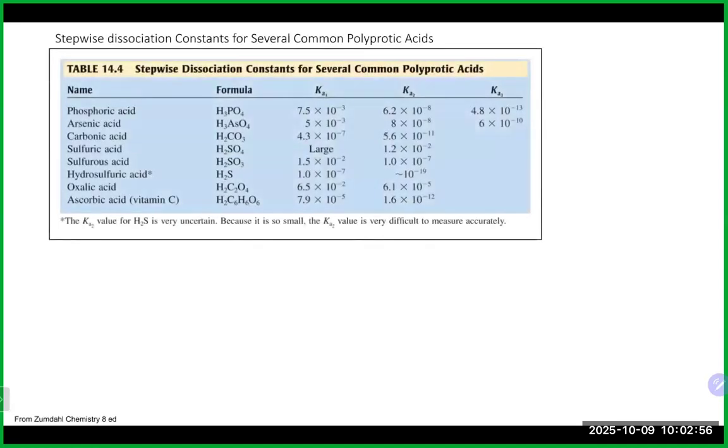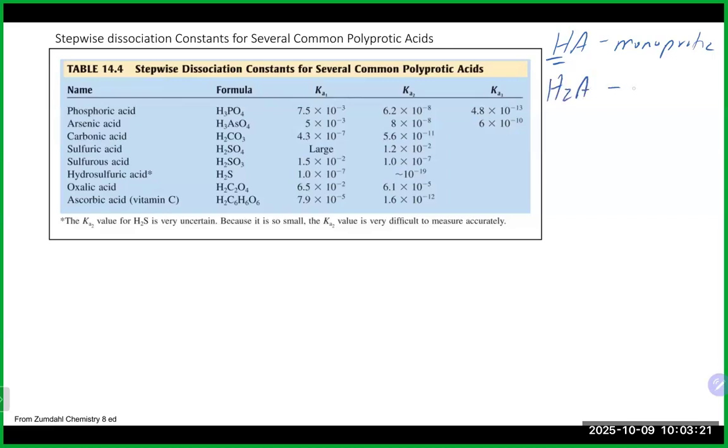All right, the last thing we're going to talk about is polyprotic acids and how they work. Polyprotic acids are acids that have more than one H plus to give. So we have something like this, which is monoprotic, which has one hydrogen to give if that's an acid.